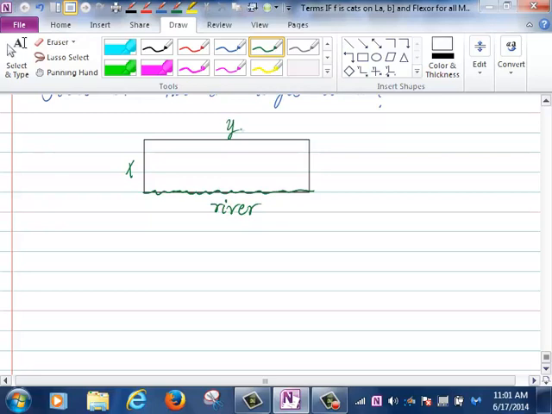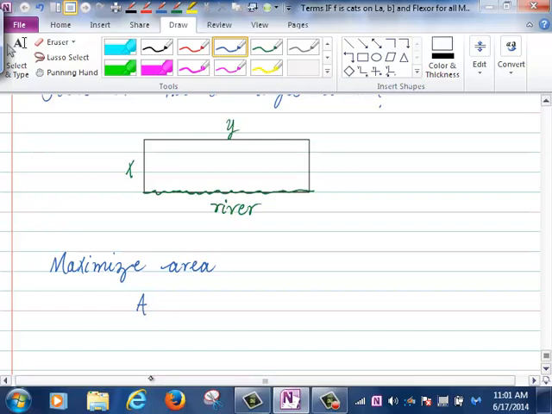And then I ask myself, what am I trying to maximize or minimize? Well, in this case, I am trying to maximize area. So then, I need to know what is the area.